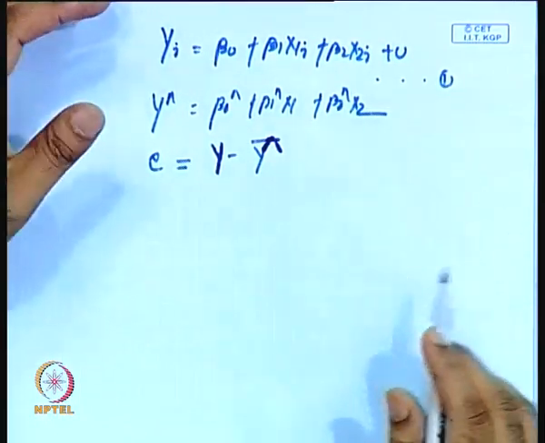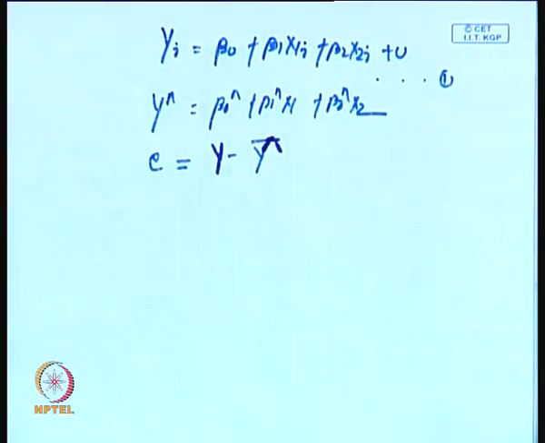So now here our objective is to have the estimated values of beta 0 hat, beta 1 hat and beta 2 hat. So how do we do that? We have to go for error minimization. The way we minimize the errors, automatically we will get the values of beta 0 hat, beta 1 hat and beta 2 hat.